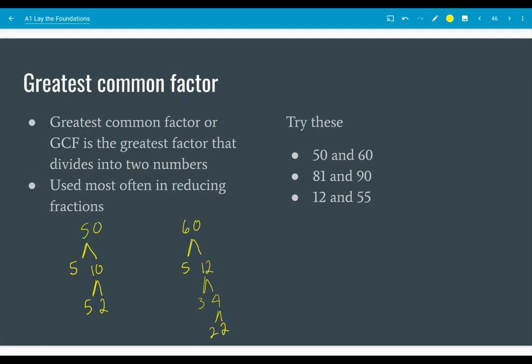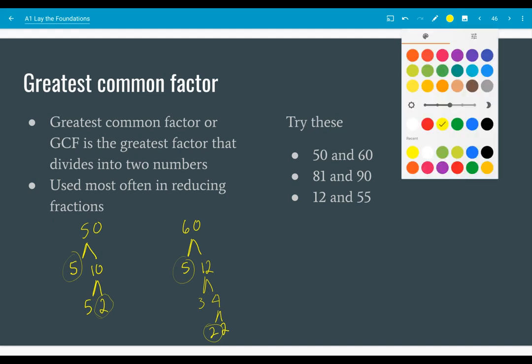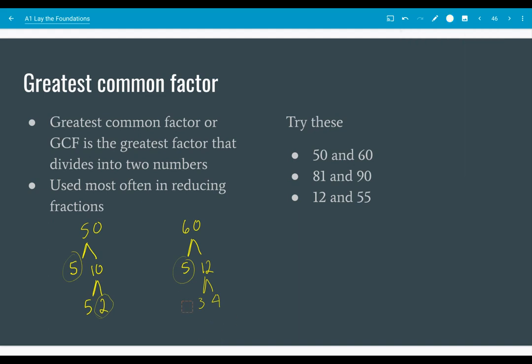Okay, so you're going to look for your greatest common factor. And the way I did it, it's a little hard to see. So you would think it's 5, right? But there's also this 2 down here, and this one has a 2. So we could write those together. So let me do 60 a little differently so you can see this.